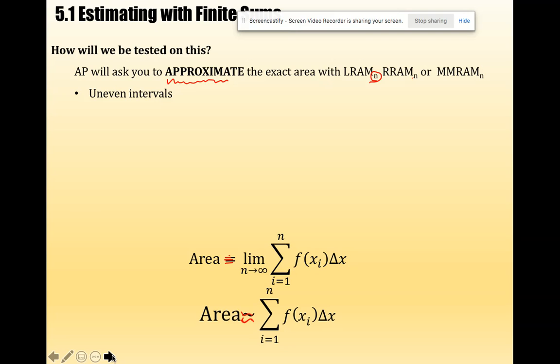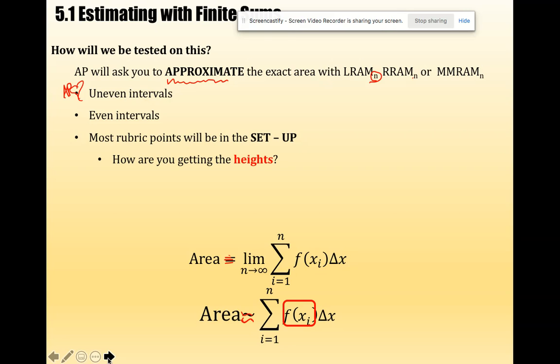AP is much more likely to give you uneven intervals. They might give you even. Your book does a lot of even, I think, but AP loves the uneven intervals. Most of the rubric points will be in the setup, not the answer. So how are you getting the heights? Your function values, right? F of what? Are you leaving out the left endpoint? Are you leaving out the right endpoint? Are you just using midpoints?